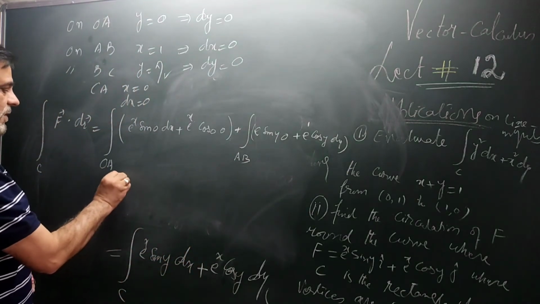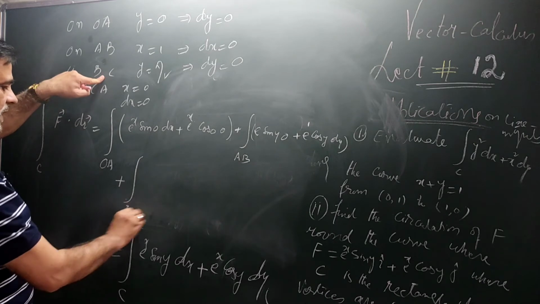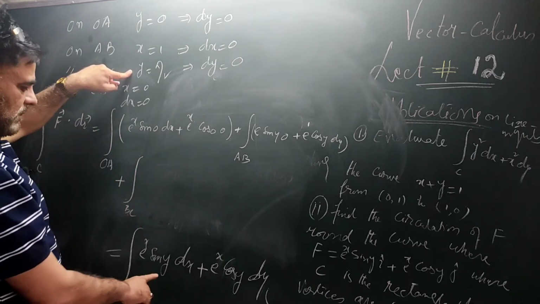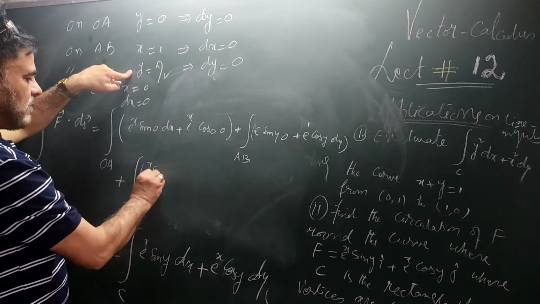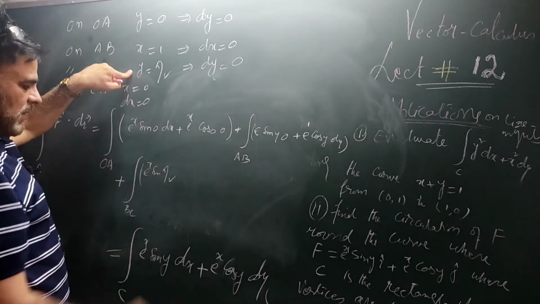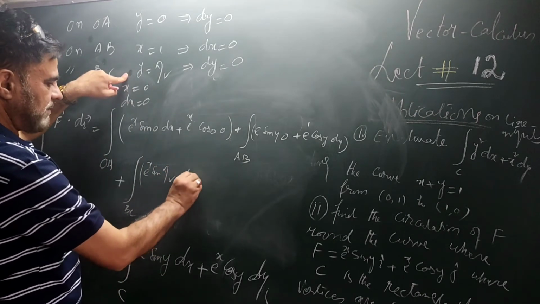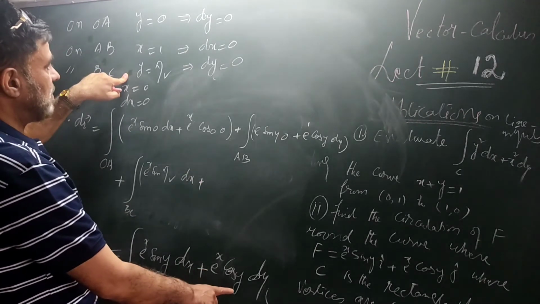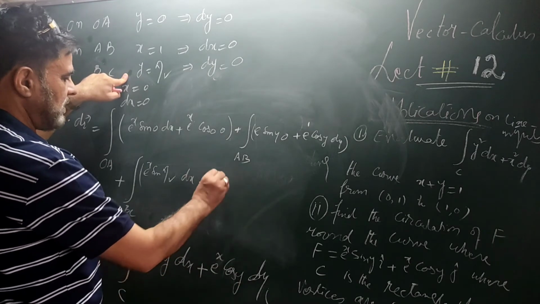Then we will go to the third part, plus integral along BC. Along BC what happens? y is pi by 2, dy is 0. It is e raised power x, sine pi by 2, dx as it is. Then plus e raised power x, cos pi by 2, which is 0, and dy is 0. This will not survive here.